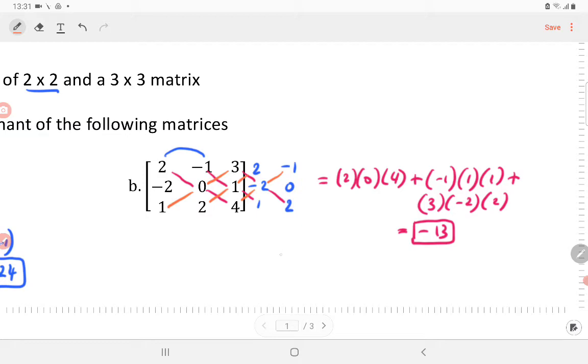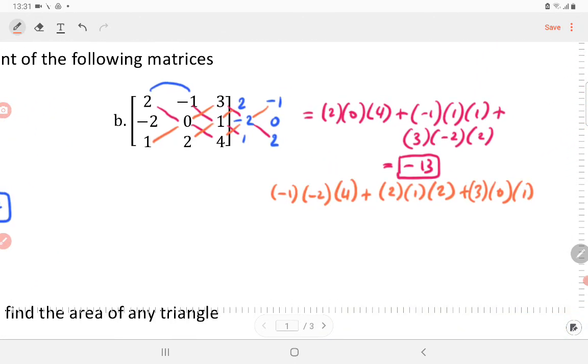So that would give you minus 1, minus 2, 4, plus 2, 1, 2, plus 3, 0, 1. Okay, so going in that direction. And when we add those numbers up, we should get 12.